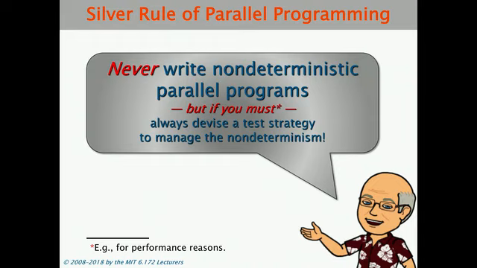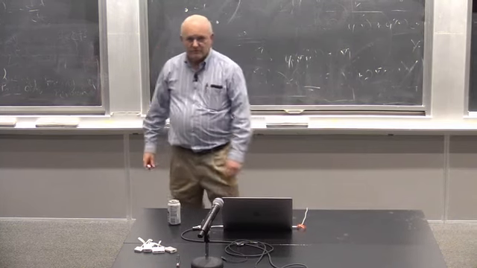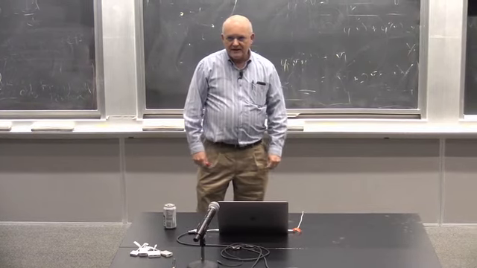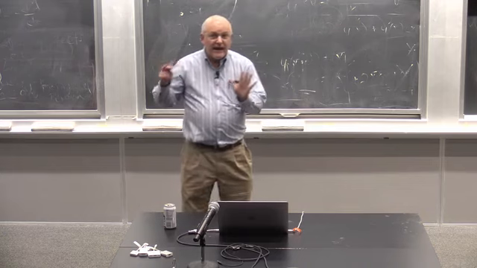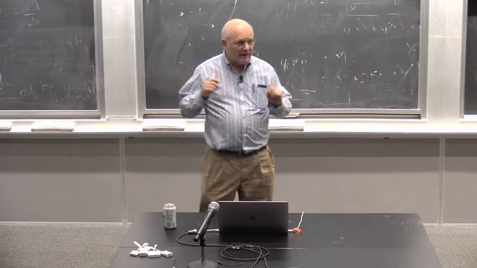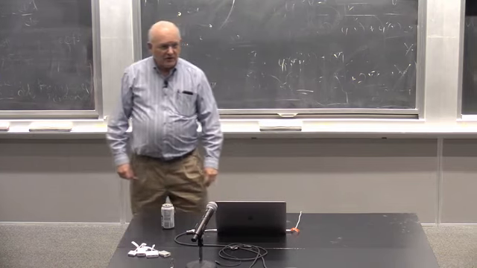What are some of the typical test strategies that you could use to manage the non-determinism? Imagine you've got a parallel program and it's got races in it and so forth, and it's operating non-deterministically, and that's okay if everything's going right. How would you find a bug in the program? What kinds of ideas do you have?